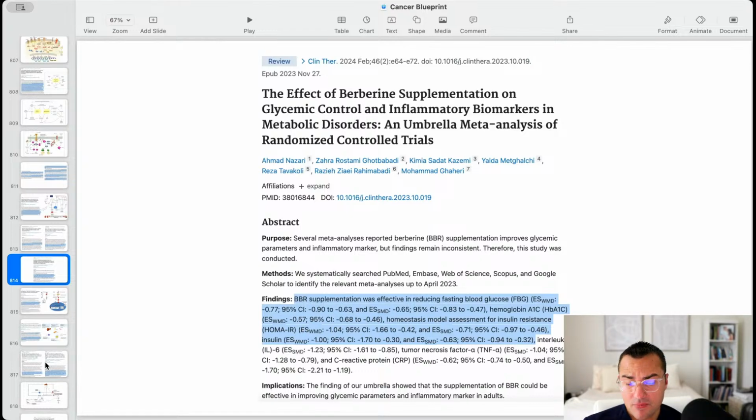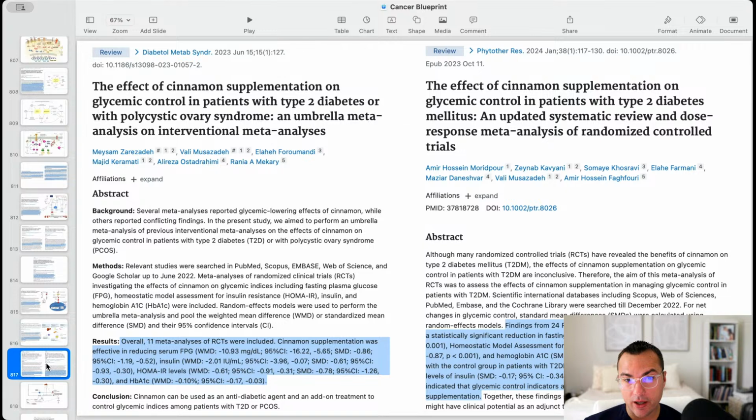So cinnamon, at least in the most recent data, in a meta-analysis and systematic review, is actually more powerful at lowering blood glucose and A1C than berberine. I thought that was very surprising because when I was going through functional medicine training, it made it seem like cinnamon was kind of a folk remedy.